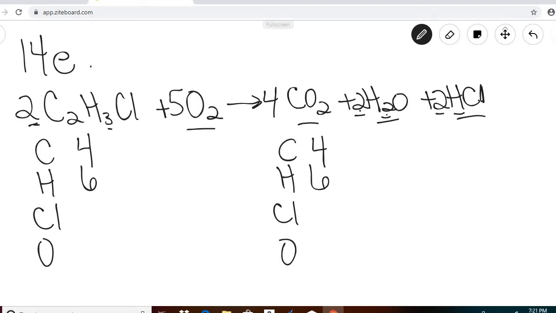Chlorines, we have 2 times 1, so that's 2 on that side, and 2 times 1 is 2. And then our oxygens, we have 5 times 2, so that's 10. And over here we have 4 times 2, which is 8, plus 2 times 1, which is 10. Okay, so that's our balanced equation for that one.